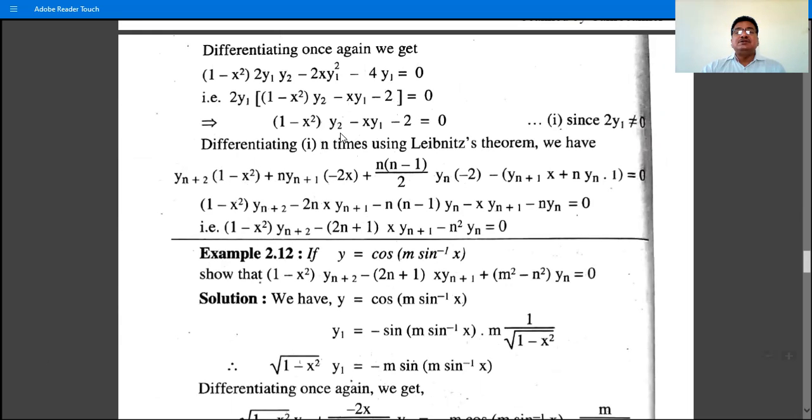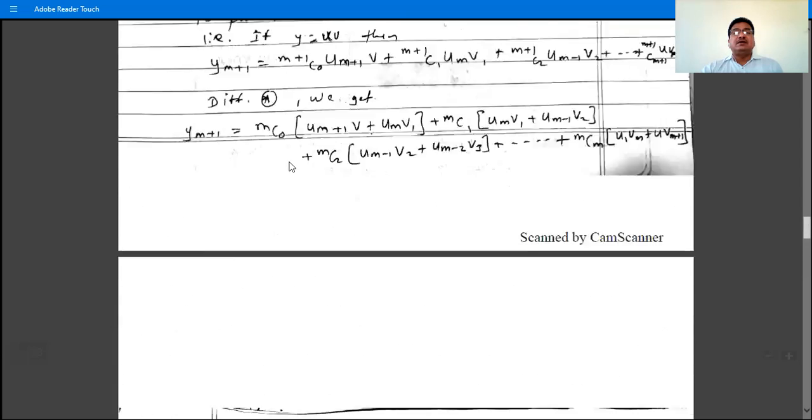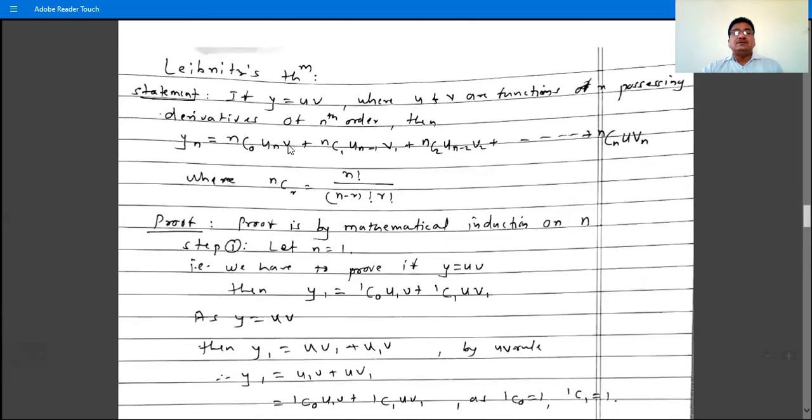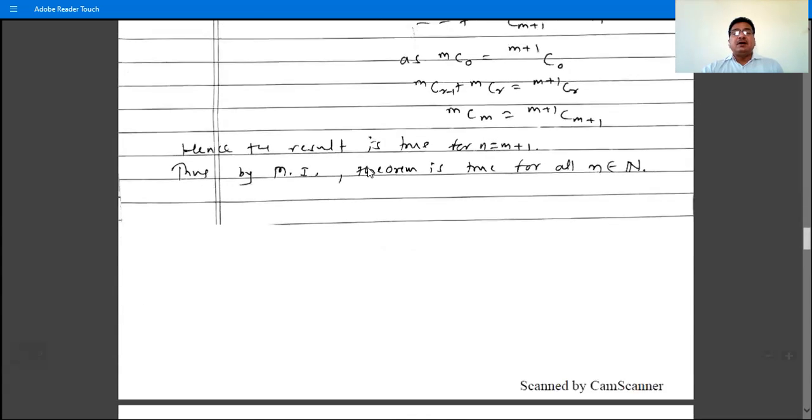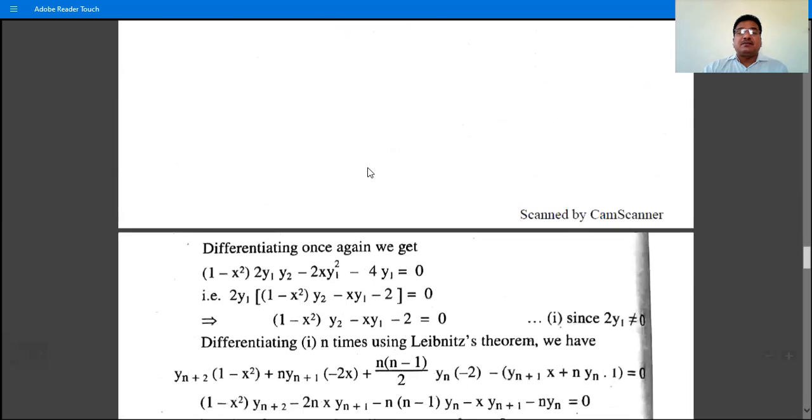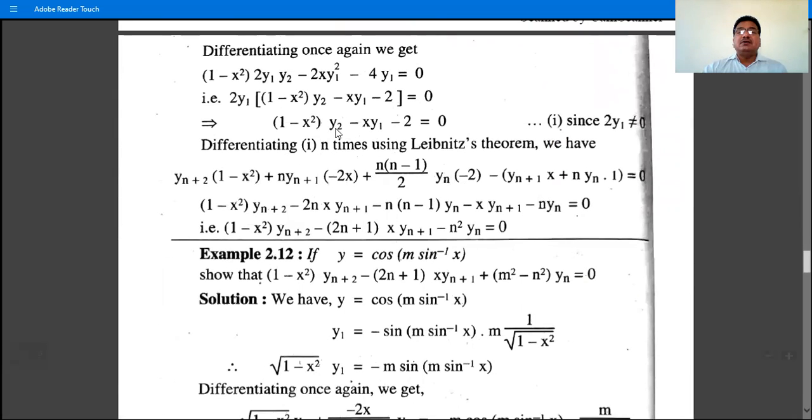So the value of nC0 is 1, and un is y(n+2). Then 1 minus x square as it is, v as it is, plus nC1, whose value is n, and then u(n-1), the derivative of u of order n minus 1, so the suffix 2 plus n minus 1 is n plus 1.